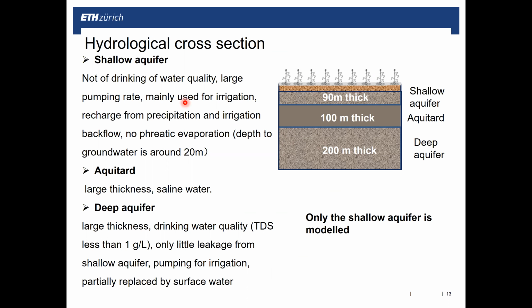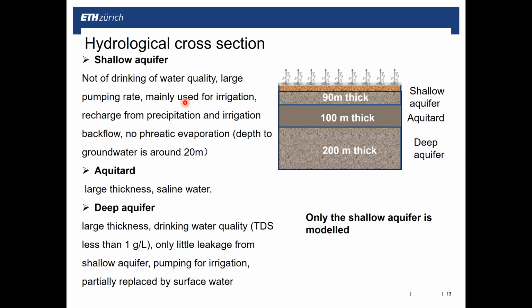The shallow aquifer has bad water quality, so it cannot meet drinking water standards. The water in the shallow aquifer is mainly used for irrigation, because the precipitation in Guantao is only about 500 millimeters per year, and Guantao is a really important agricultural land.